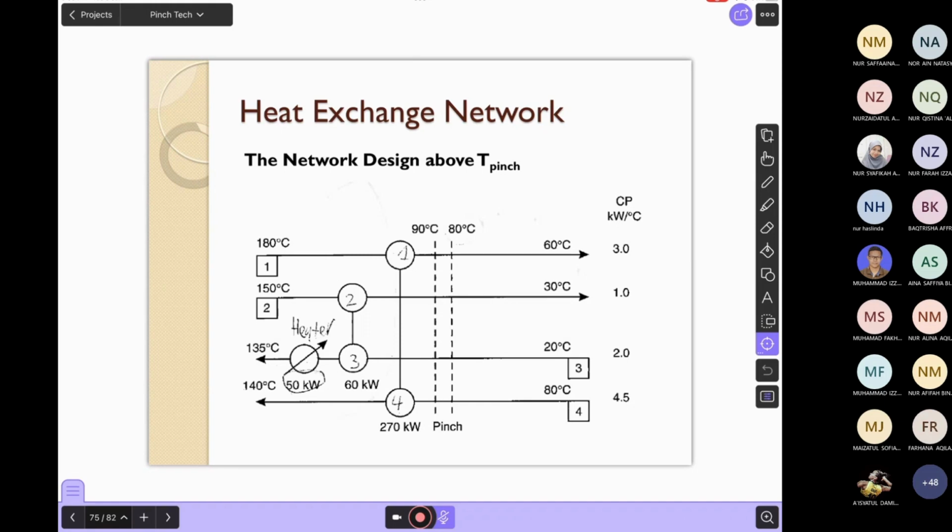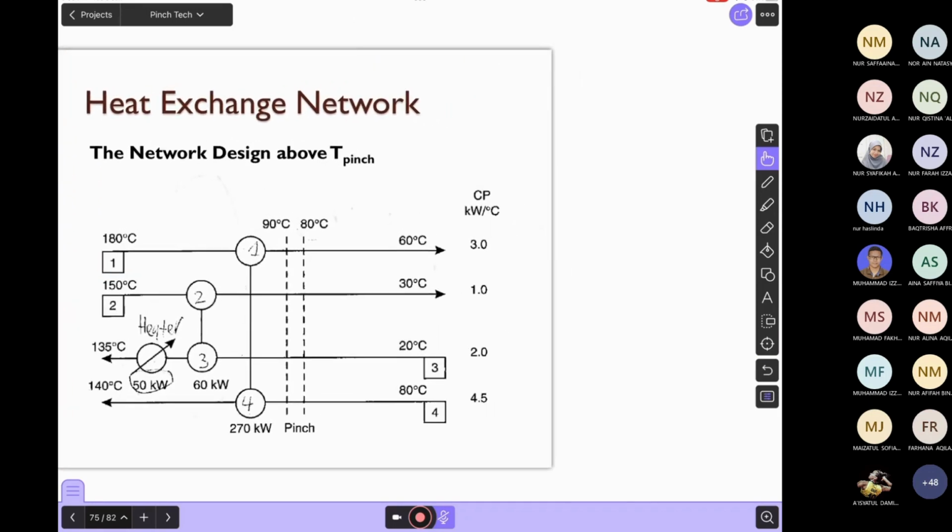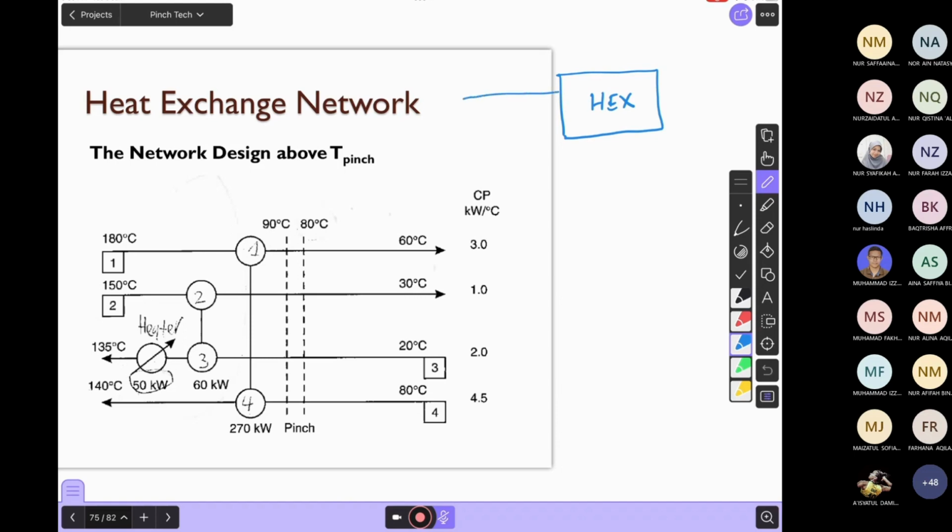Okay. Sekejap ya. Ni saya nak translate you punya kefahaman. Stream number 1 and stream number 4 in this diagram. So you have heat exchanger and you learn about heat exchanger. That you have 2 streams, hot stream inlet and hot stream outlet.